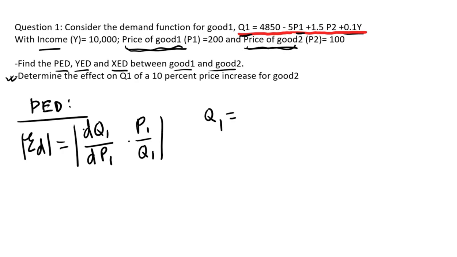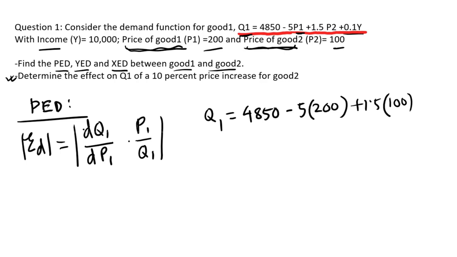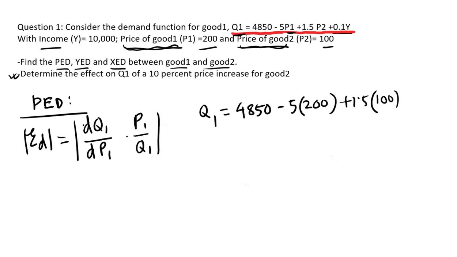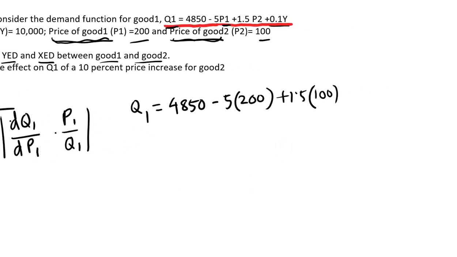So 4850 minus 5 times 200, this is the price of P1, plus 1.5 times 100, this is the price of P2, and 0.1 times 10,000.